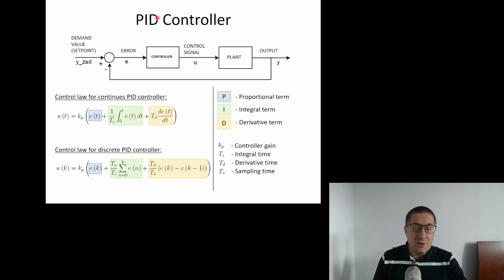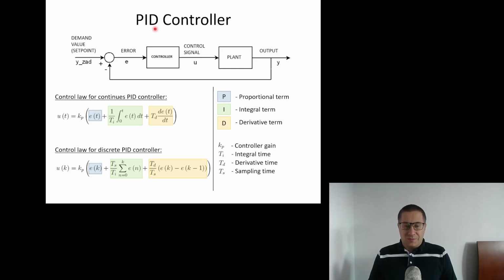Usually when we say there are PID controllers on the plant, those are PI controllers without the derivative term, and we will discuss later on why we don't have this D term. So the general equation for the PID controller is this one.